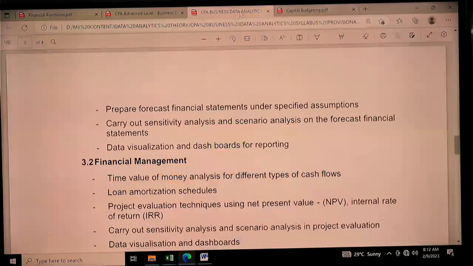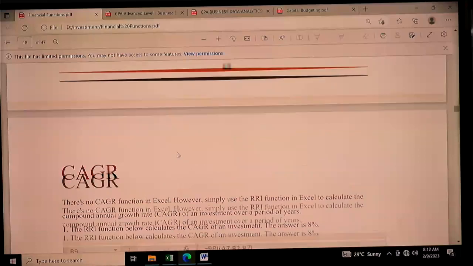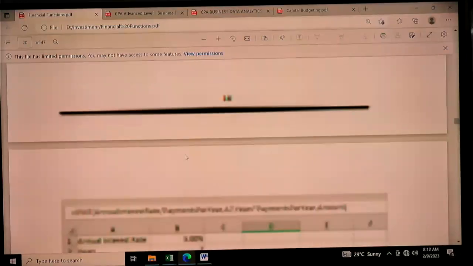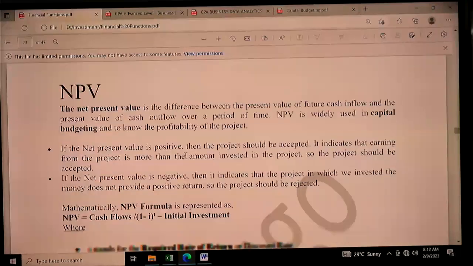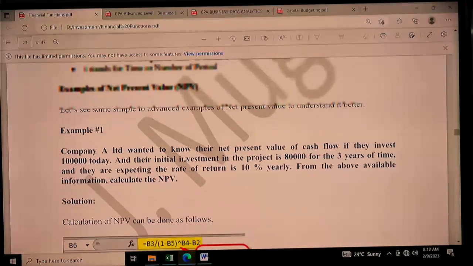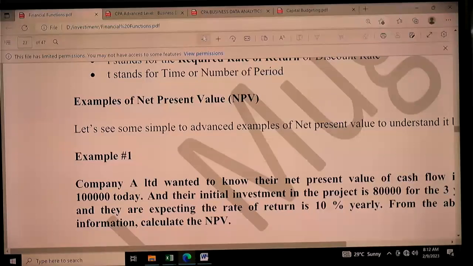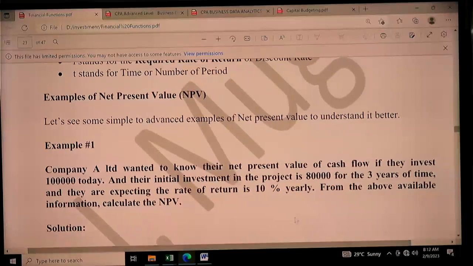So our next discussion, we are going to check those functions used, the way of checking the net present value. Here we have it, and we have computed. You are told this was the question: a company A Limited wanted to know their net present value cash flow if they invest 100,000 today.